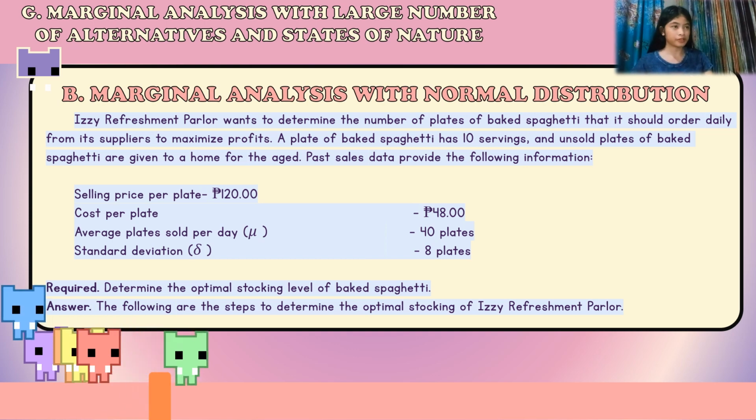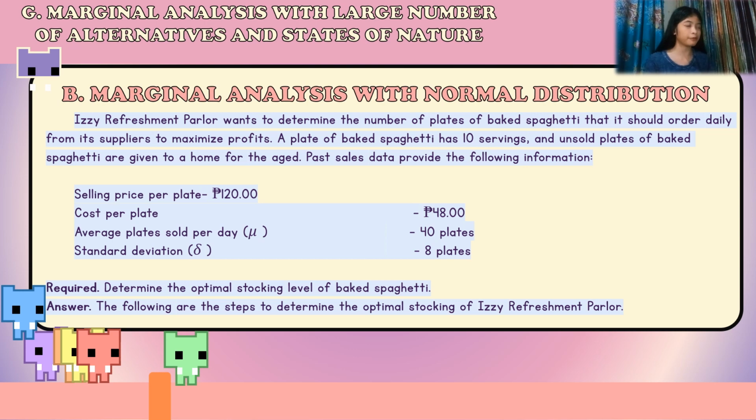Now, meron tayong isang problem na kailangan isolve, which is this. Easy Refreshment Parlor wants to determine the number of plates of baked spaghetti that it should order daily from its supplier to maximize profits. A plate of baked spaghetti has 10 servings, and unsold plates of baked spaghetti are given to a home for the aged.